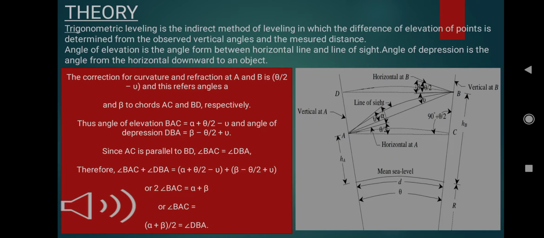Thus the angle of elevation BAC equals alpha plus theta by 2 minus nu, and the angle of depression DBA equals beta minus theta by 2 plus nu.